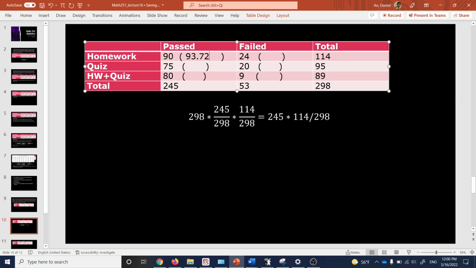Okay, let me give you some time to figure out what goes here. So in the quiz and failed cell, try to figure out what goes there. What should you calculate to get the expected value in that cell?